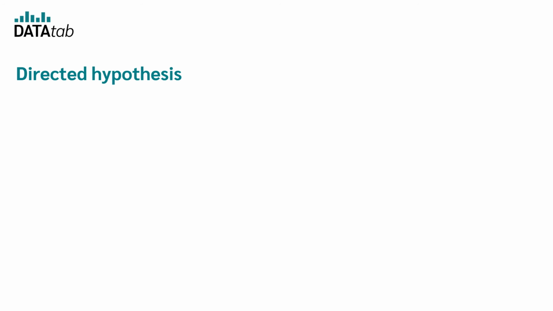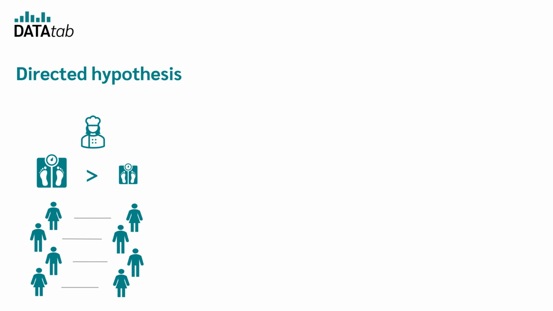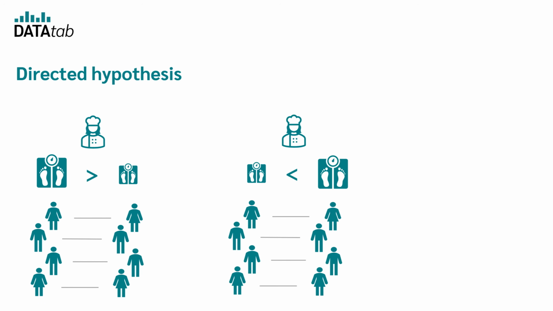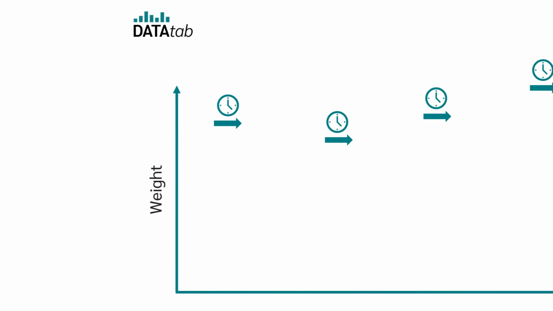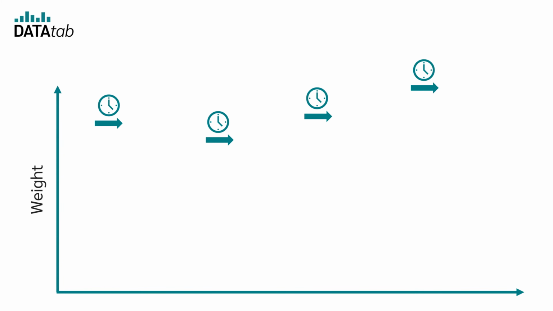Your alternative hypothesis then would either be the diet program significantly reduces the weight, or the diet program significantly increases the weight of the individuals. But enough about these hypotheses. How do we calculate the t-test for dependent samples?